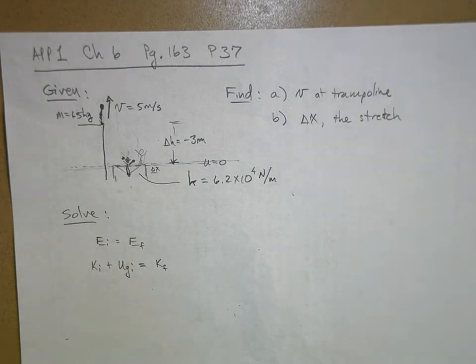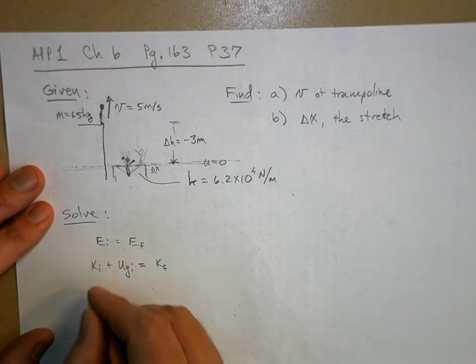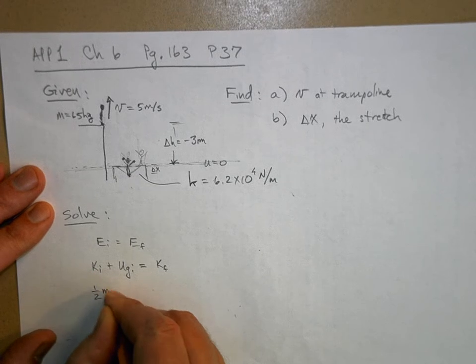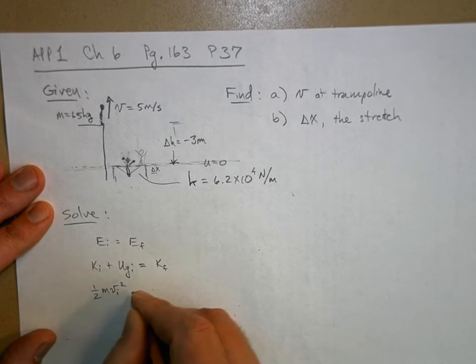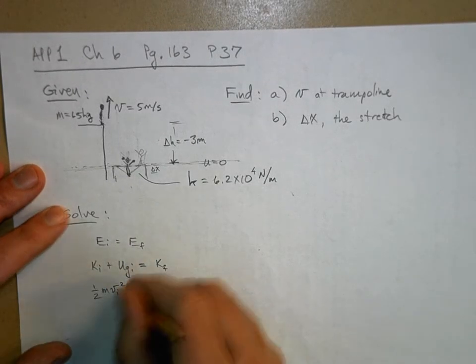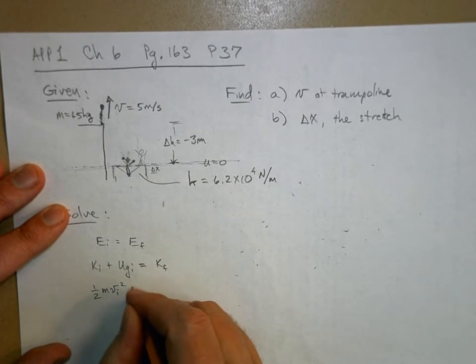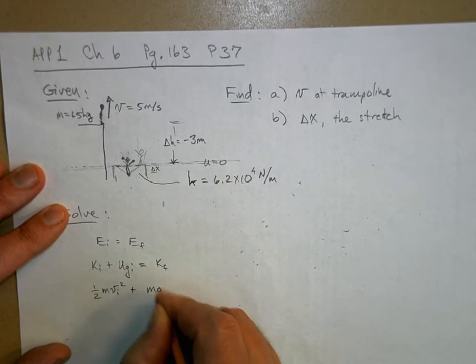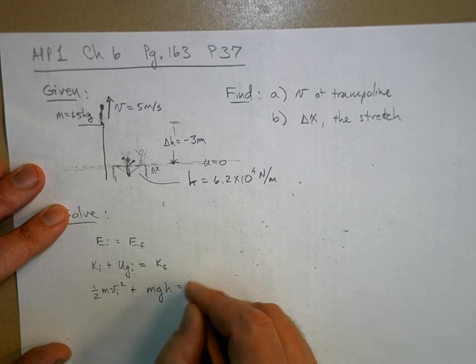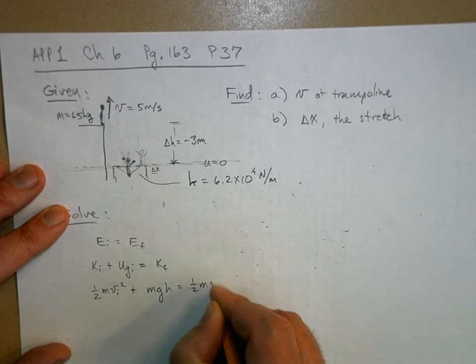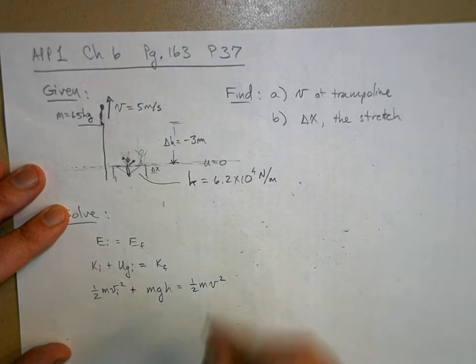This law of conservation of energy now gives me an equation that I can use to solve the problem. 1/2 m v initial squared plus mgh equals 1/2 m v final squared.